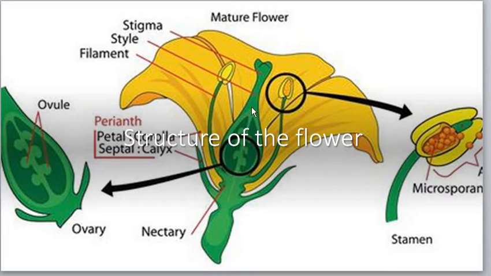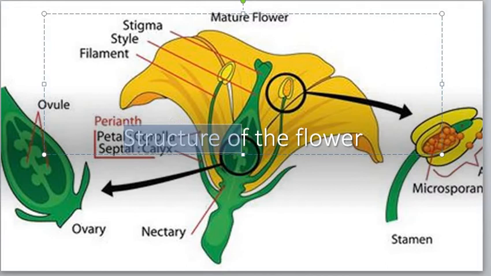Here, this part is the female reproductive organ, called the ovary, and this ovary contains ovules, and this is called a carpel, and many carpels are called gynoecium. It consists of stigma, style and ovary. Inside the ovary there is the ovule. This is a typical flower.